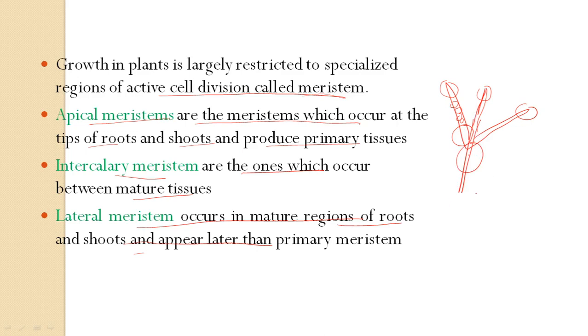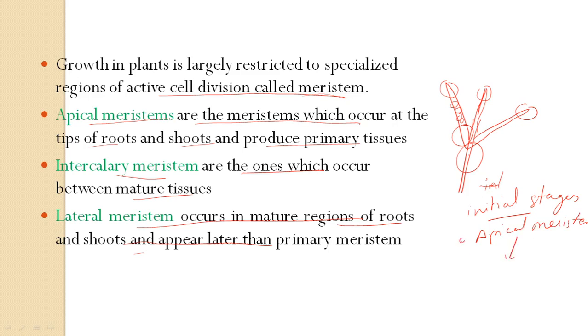So basically what we find in the initial stages, when the plant is growing, is that first the apical meristem takes place.